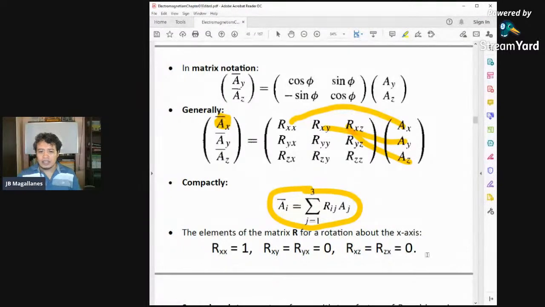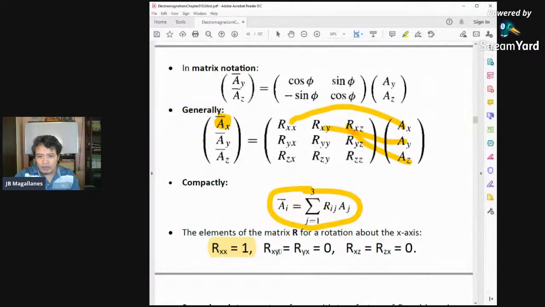For the rotation about the x-axis, the ax bar would just be equal to ax. So therefore, Rxx must be equal to 1, and this one must be equal to 0, because ax bar would just be equal to ax.